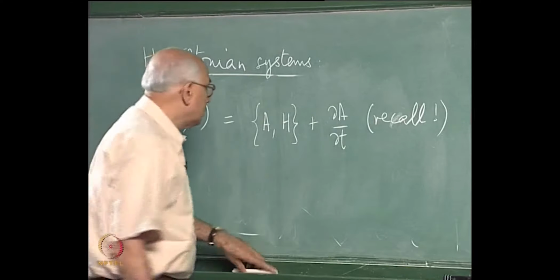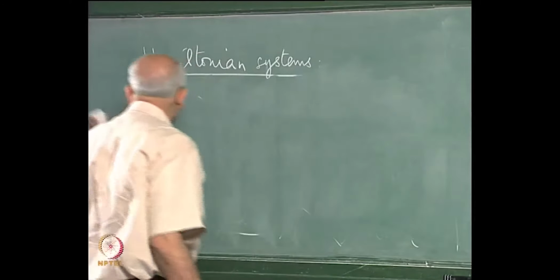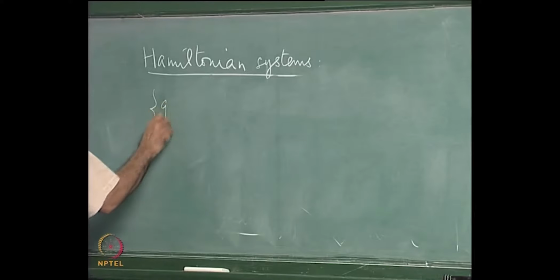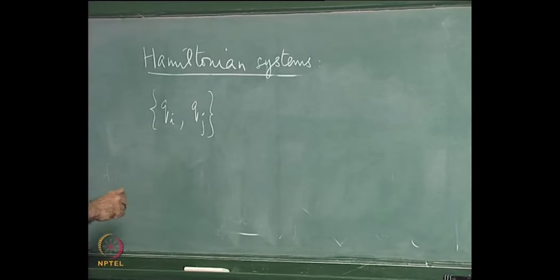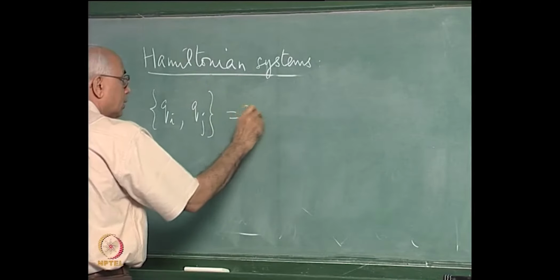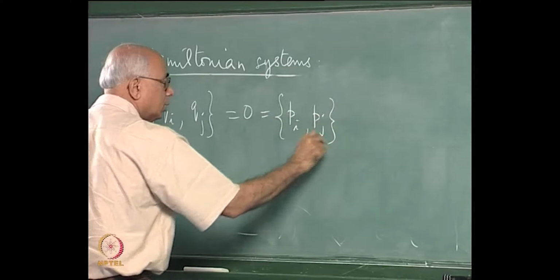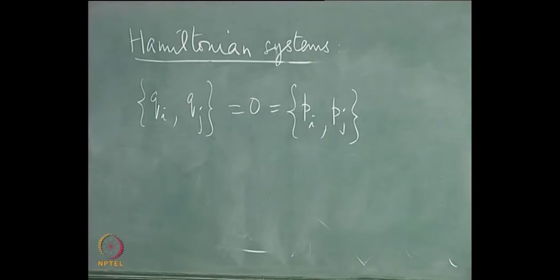What happens then? Then of course we have the following relations. We could compute the Poisson bracket of any qi with qj. This is easy to calculate and this vanishes, as we have seen, and that is also true of pi with pj, from our basic definition of the Poisson bracket.